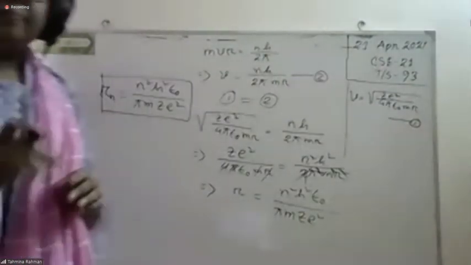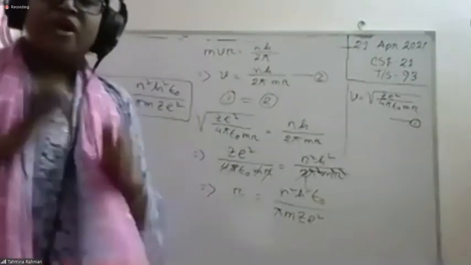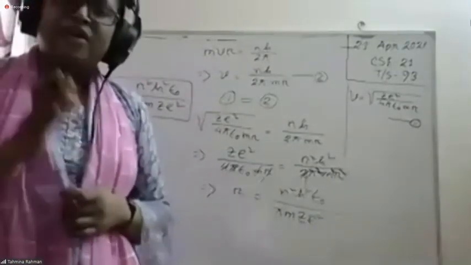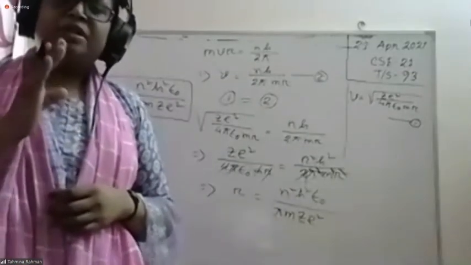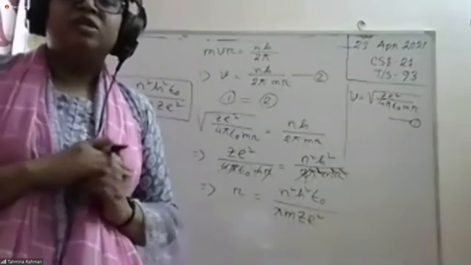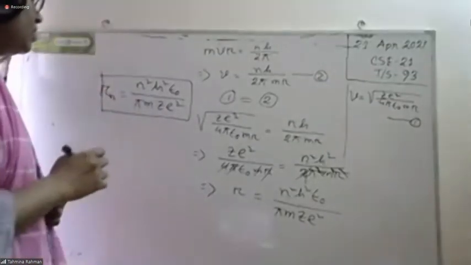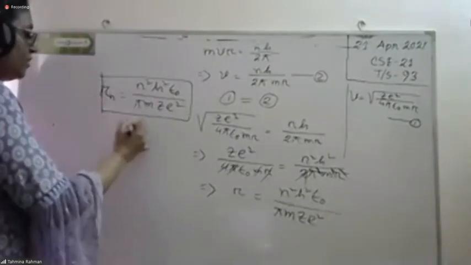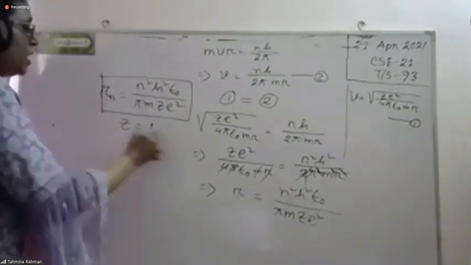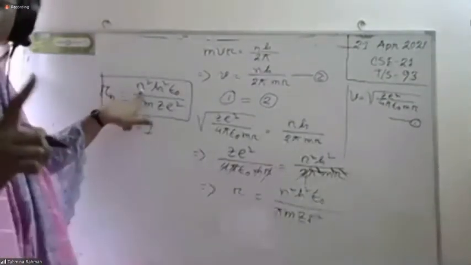Is that clear? Acha. Now for hydrogen, what is the value of Z? Z value for hydrogen? 1. Yes. For hydrogen, the value of Z equal to 1. We will not take n equal to 1. Why?